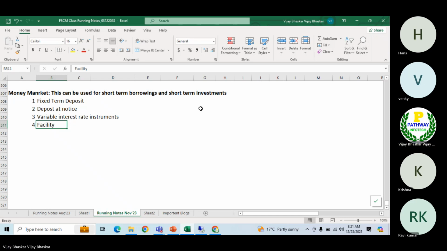Now, in the money market, as I mentioned, we are going to learn all these things. In order to make yourself comfortable, what do you need to do?